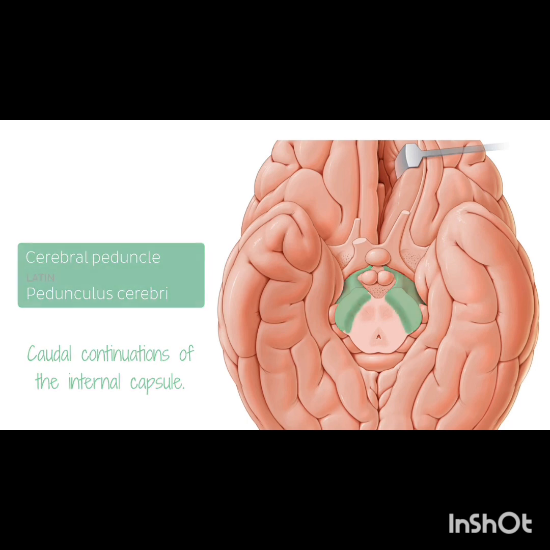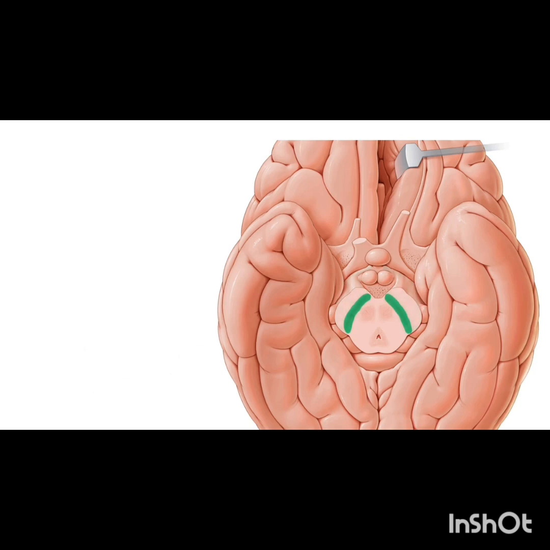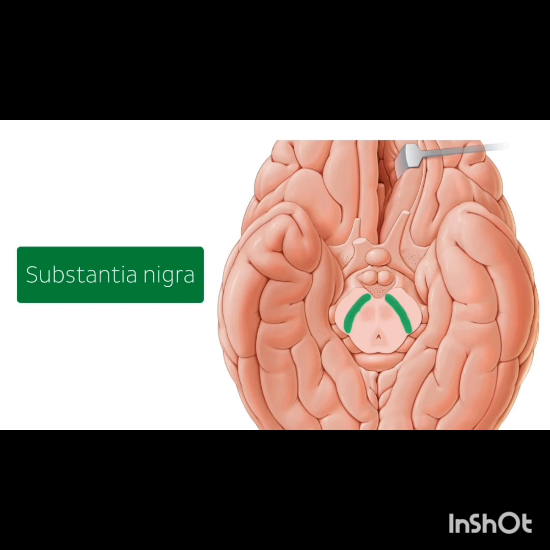Dorsal to the cerebral peduncle, we see these structures here that we're highlighting, which is known as the substantia nigra or black nucleus, which is considered to be the mesencephalic gray matter portion of the basal ganglia. This part of the basal ganglia is black because it is composed of cells that contain melanin.